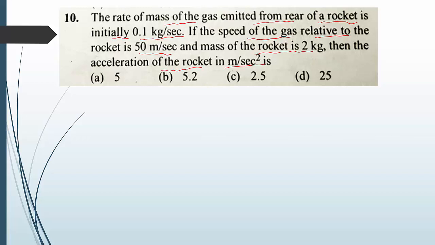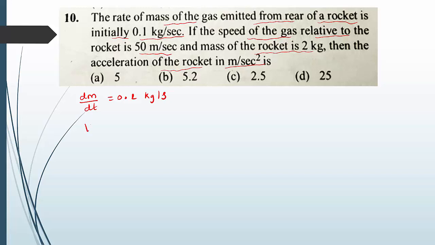Yes. So here they have given the change in mass, which means we can write it as a rate of change of mass. Rate of change of mass dm by dt is equal to, it is given 0.1 kg per second. Then the speed of gas relative to the rocket is given.